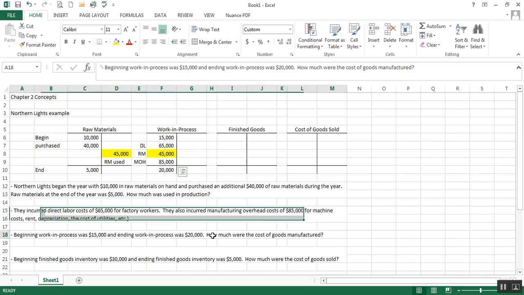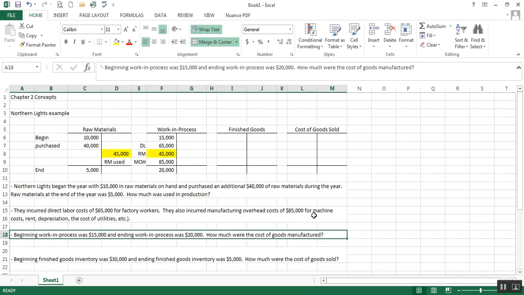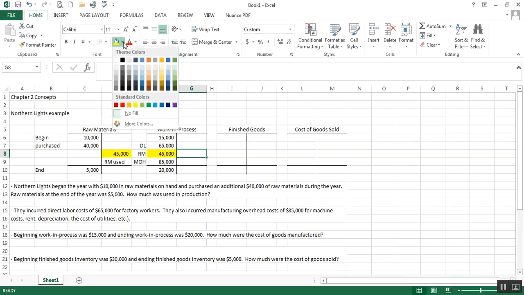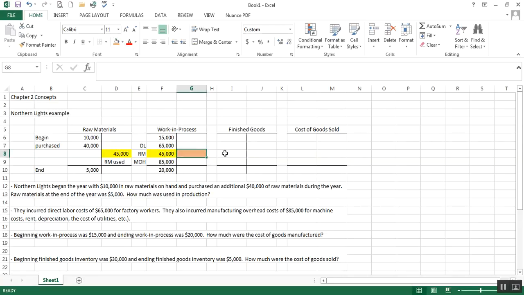Again, it's asking us to find how much were the cost of goods manufactured. What does that mean? What happens when you move from work in process to finished goods? It means that you have finished manufacturing that item and it is now finished. Therefore, that's going to be your cost of goods manufactured. I'm color coding these. So how do we solve for that? It's going to be our beginning inventory plus all of these, our direct labor, our raw materials, and our overhead. And in order for it to foot to 20,000, we're solving for the cost of goods manufactured.